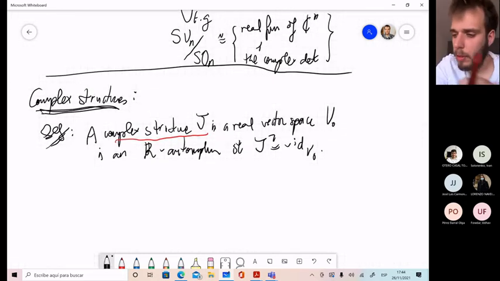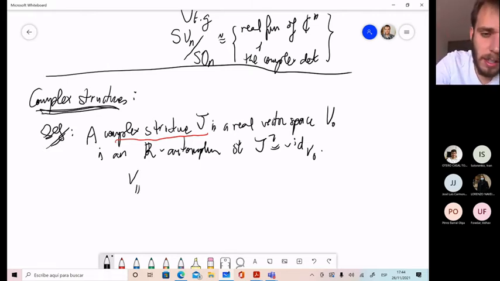So just a few observations. When you have a complex vector space V, you can regard the realification V_R as endowed with a complex structure, and the complex structure is the multiplication by i.